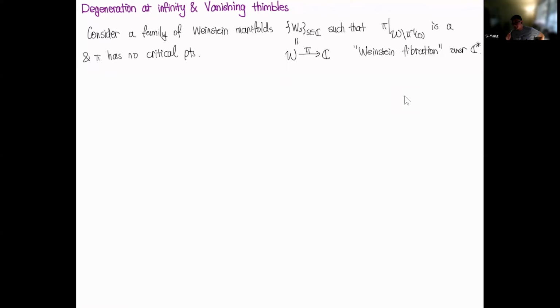This may seem weird because usually we think about things in a complex setting and then there should be critical points. Otherwise, your thing is completely smooth, like you don't have any degenerations. But here the point is that a Weinstein manifold is not compact. If you look at Stein manifolds, they are always non-compact, and the degeneration can happen at infinity.